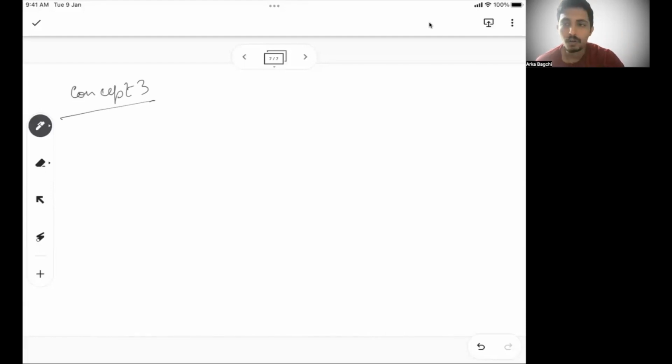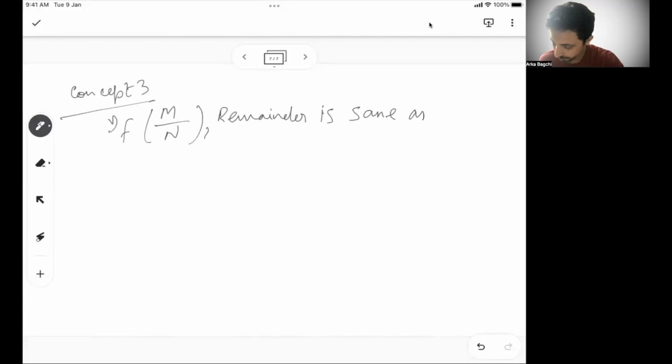Concept 3 basically talks about if m is divided by n, the remainder is the same as m divided by a into b, where n is equal to a into b and a, b are co-prime.